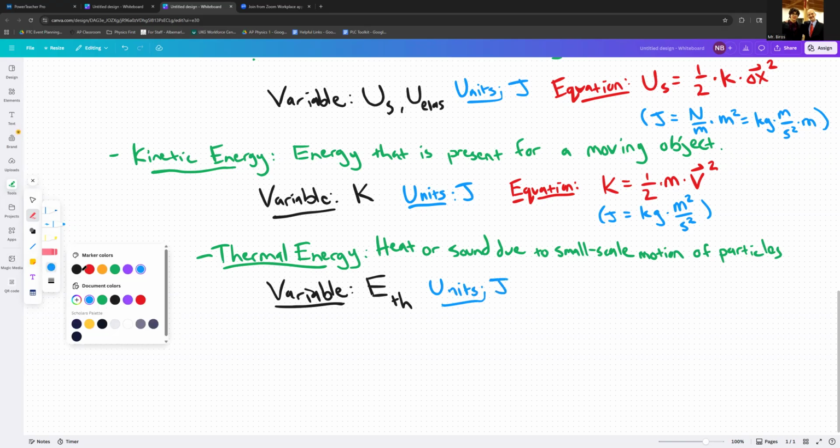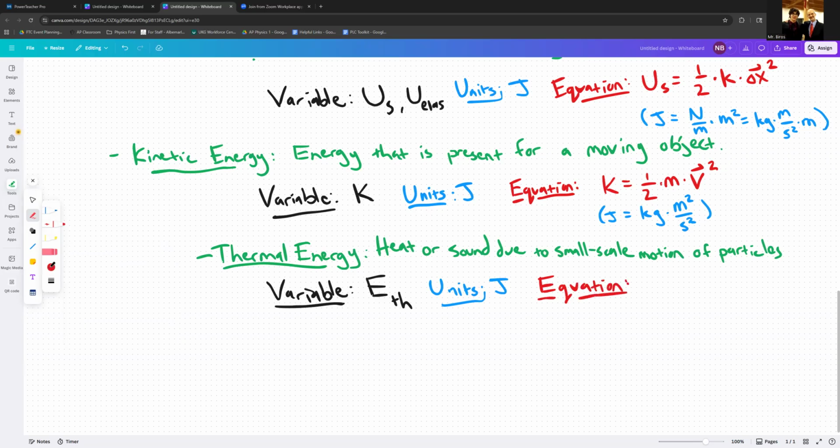Okay. And the equation, so part of the problem with thermal energy is that it's mostly due to drag and friction, which makes it tricky because we don't like the equations for drag and friction, and they're a little tricky. We don't like to deal with them.